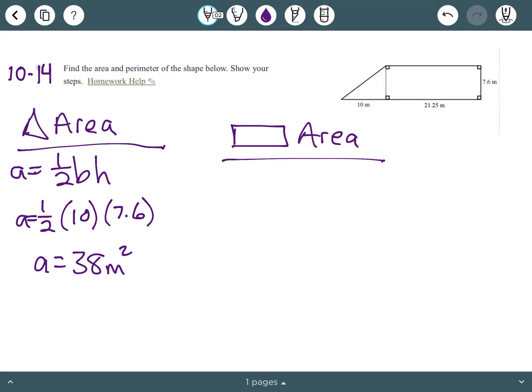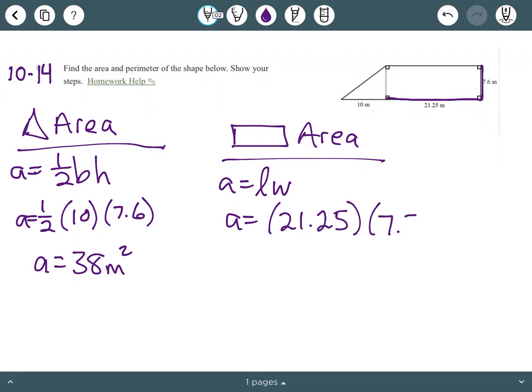Now, this is going to be the easy part. The area of a rectangle is just length times width. And both of those are given to us. Length, width, just plug it in. So that's going to be 21.25 times, not 7.5, it's 7.6.